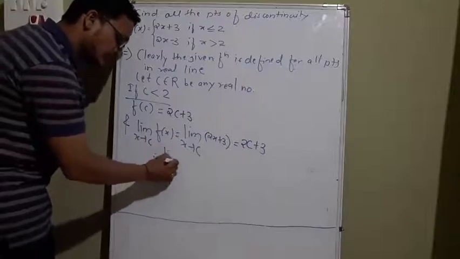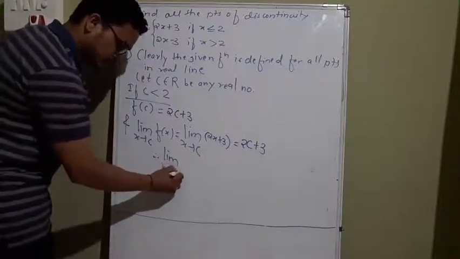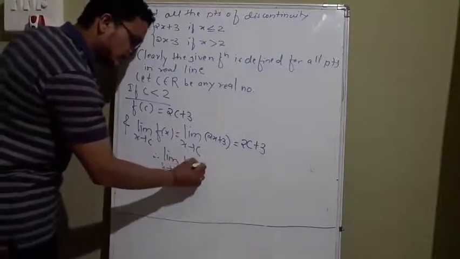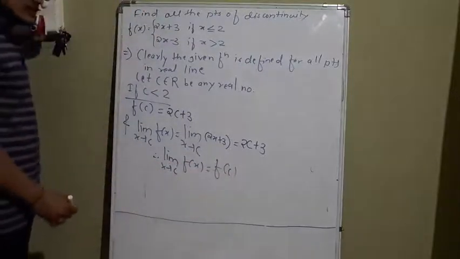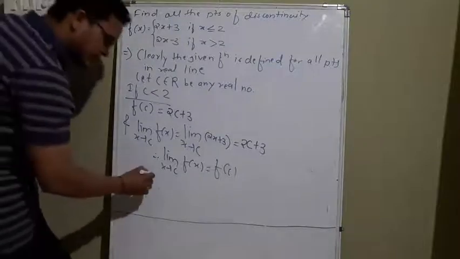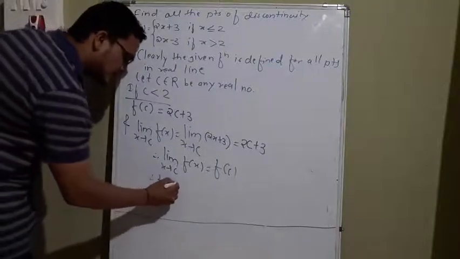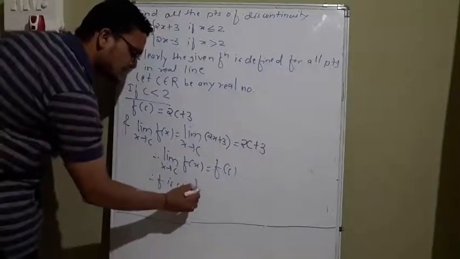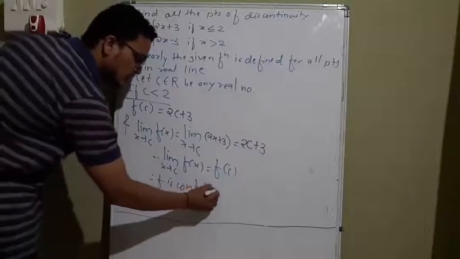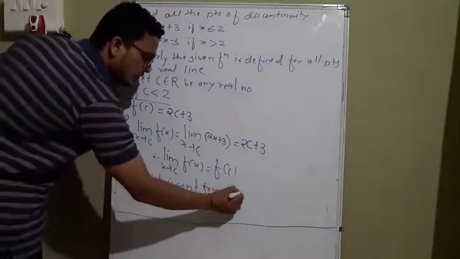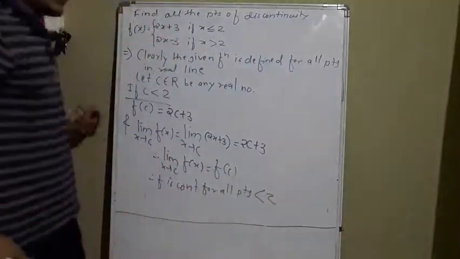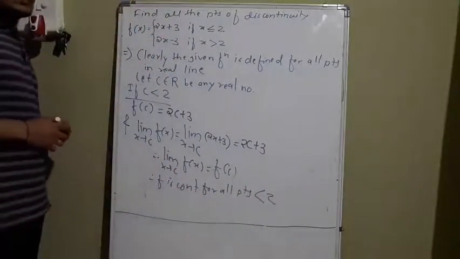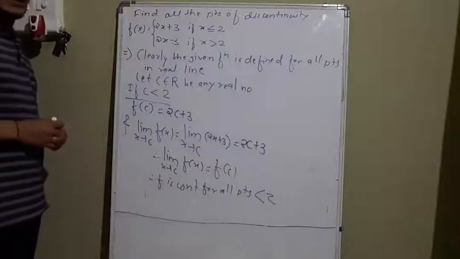Therefore limit x tends to c, f of x is equal to f of c. So if both are equal, then f is continuous, meaning the given function is continuous for all points less than 2. This is your first condition.